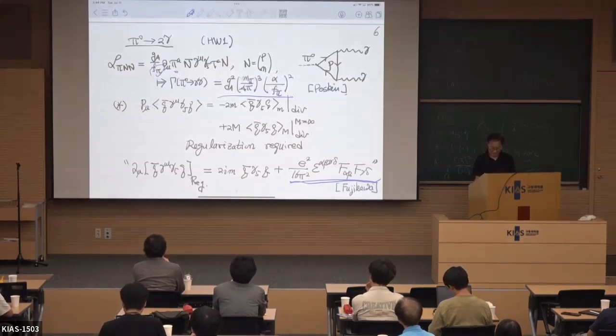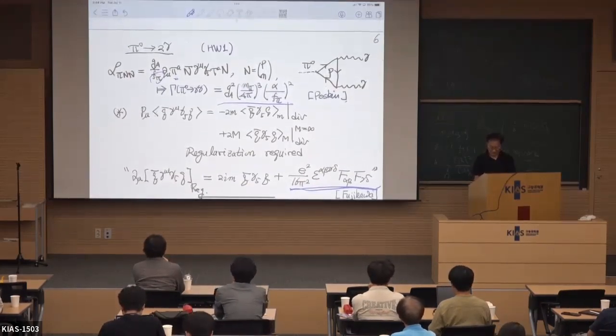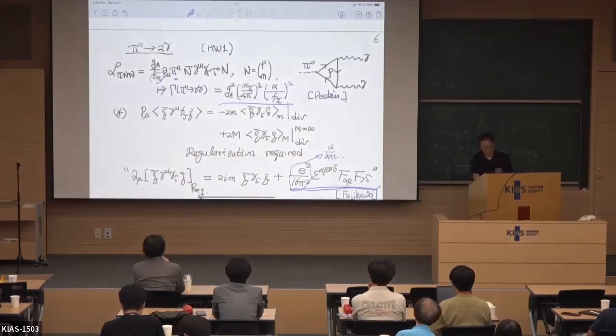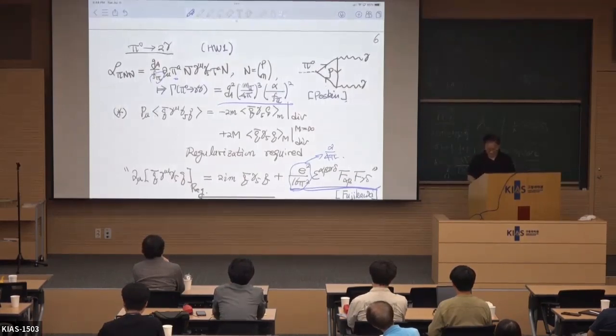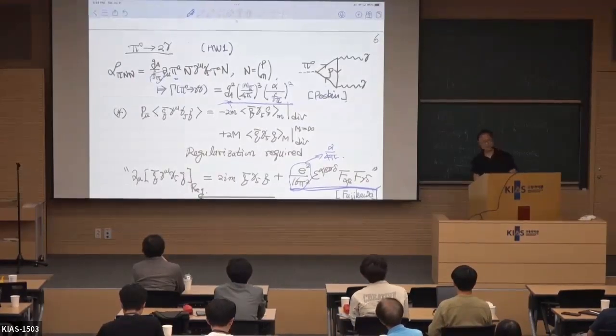People were able to calculate this decay rate. All the 4 pi factors and alpha come from this, like alpha over 4 pi. The dimension is right, you get the right phase space factor, and you get g_A squared here.